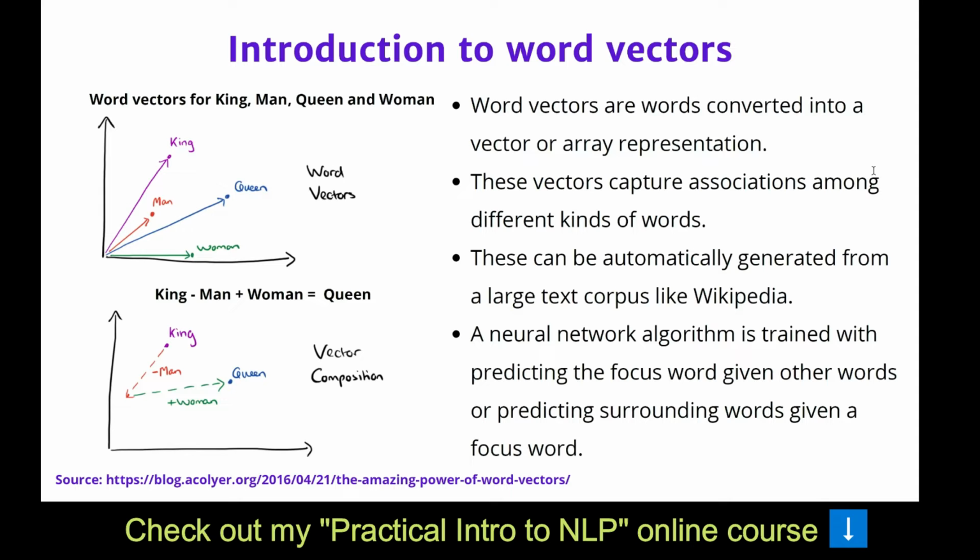And the important thing to remember is that the word vectors are trained on a corpus in such a way that the vectors actually capture associations among different kinds of words. That means at the end of the day, if you have the vector of king, vector of man and vector of woman, just like how you can do real world comparisons, if you add the king vector with the woman vector and subtract man, you will get another vector which is close to queen's vector.